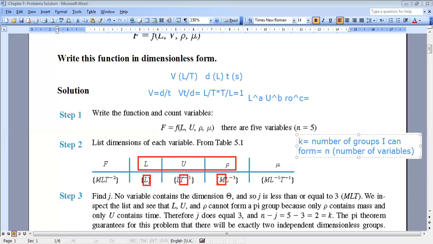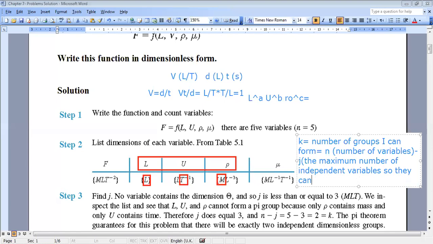J represents, minus j is the maximum number of independent variables. What I mean by independent variables is that they cannot form a group together.